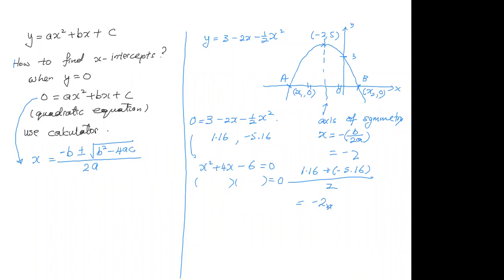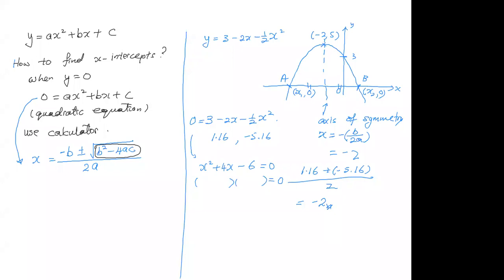So is the main one b squared minus 4ac? Yes. So this one is the discriminant. So it determines the real roots, or no real roots, or equal roots. Yes. So there are 3 situations.